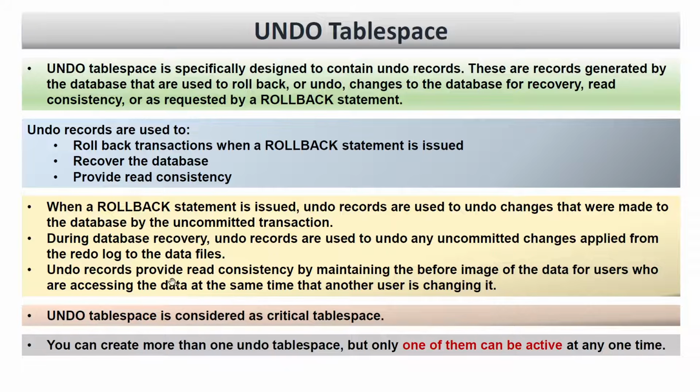That's why the read consistency concept comes into the picture, and undo provides that feature. Undo will capture that before image, and the first user who ran the select query, unless the second user commits, should get exactly the same data as before. So remember these three things: rollback when rollback is issued, recover the database if uncommitted transactions are there, and provide read consistency so that one user does not see the uncommitted transactions.